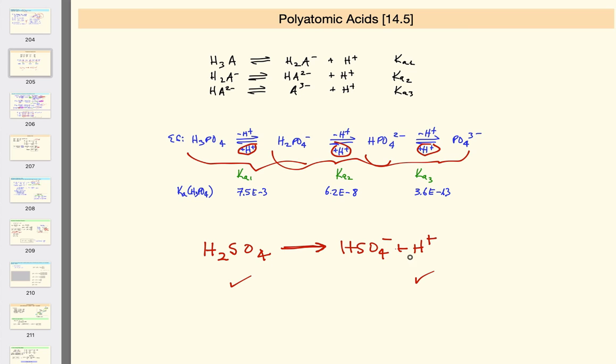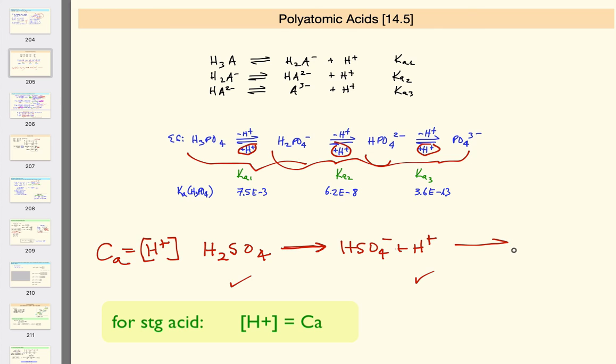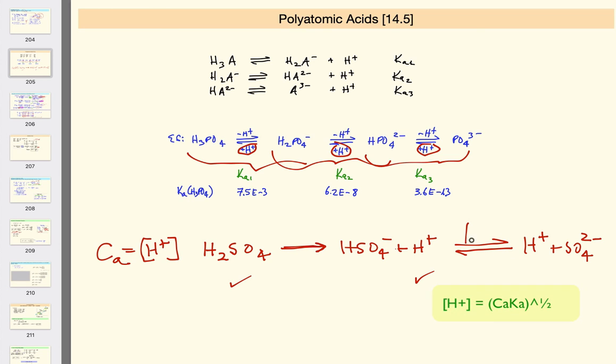So, because it's a strong acid, you don't have to do a RICE equation for that step. Why? Because you know that the hydrogen ion concentration for a strong acid is just equal to Ca. And now all you really have to do is just one calculation for the second step, which does have an equilibrium Ka constant.